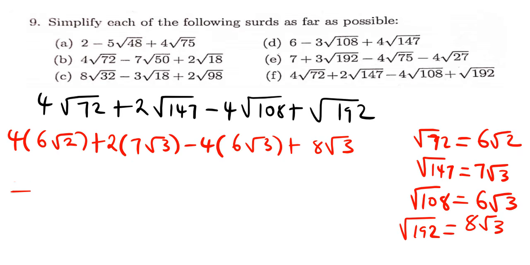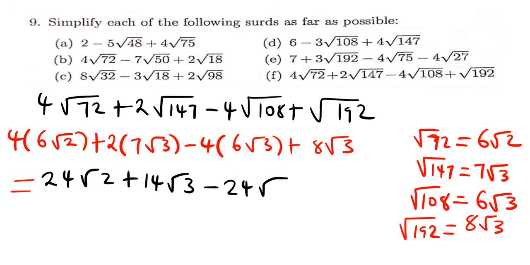Then from there, you just solve this. So 4 multiplied by 6 is a 24 root 2, plus 2 multiplied by 7 is a 14 root 3, minus 24 root 3, plus 8 root 3.